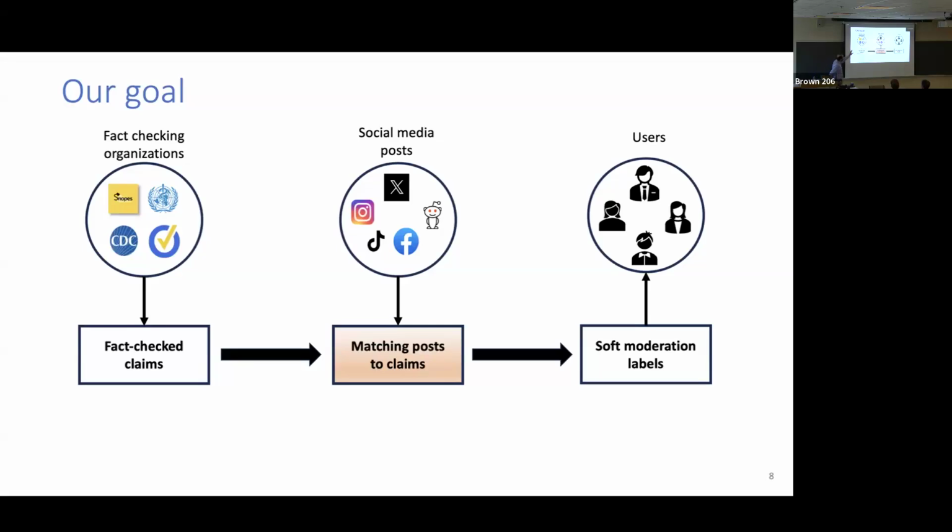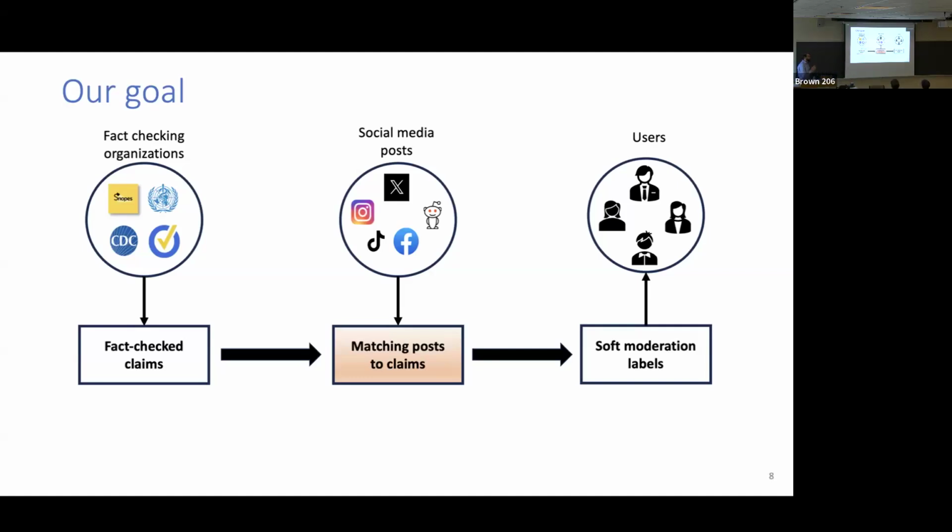So what we are trying to develop is a set of systems that, based on claims developed by someone else, can match social media posts to those claims and finally come up with labels, okay?